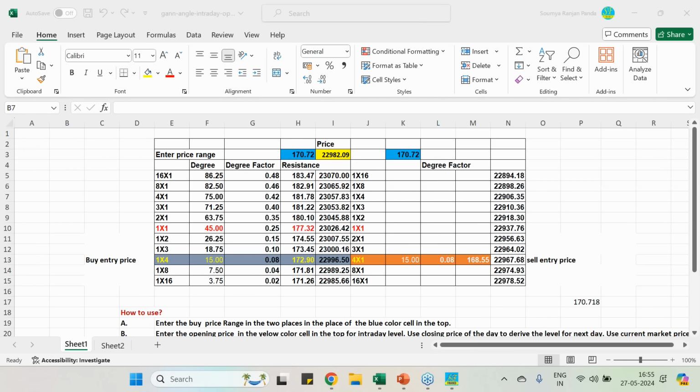Now come to the use of this method in intraday. I am going to show you on 27th of May 2024 how this method works for intraday. I have made a small deviation, small changes here.